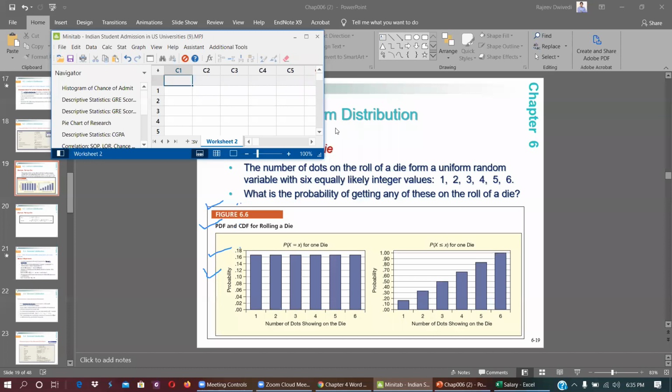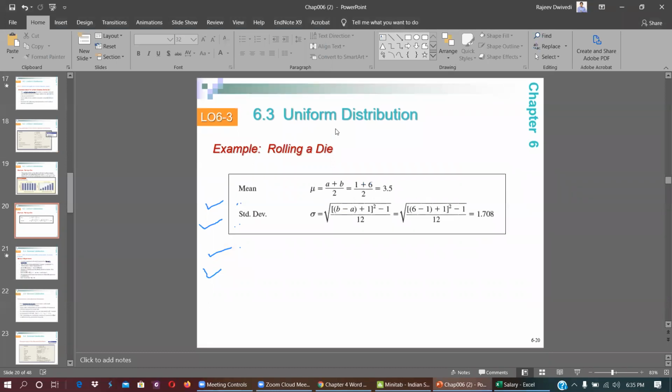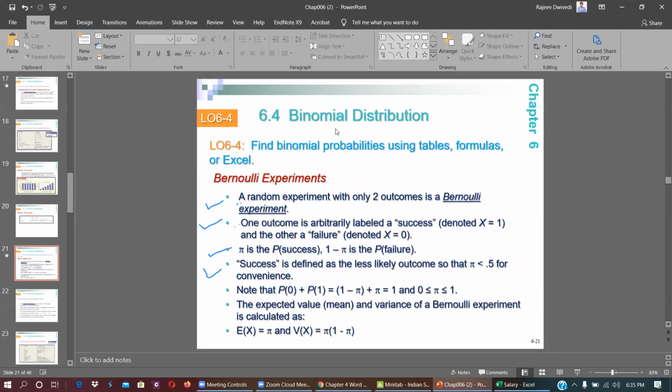And the next distribution is very important, which is called binomial distribution. How do you identify a binomial distribution? In a binomial distribution, you have two situations: yes or no, pass or fail. So whenever you see this kind of situation, with only two outcomes, success or fail, yes or no, then that is a binomial distribution.